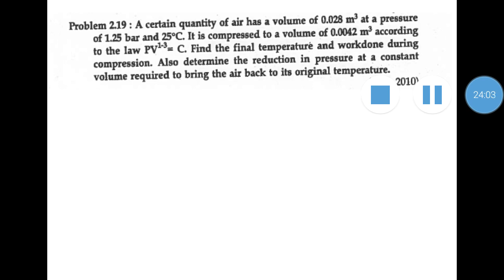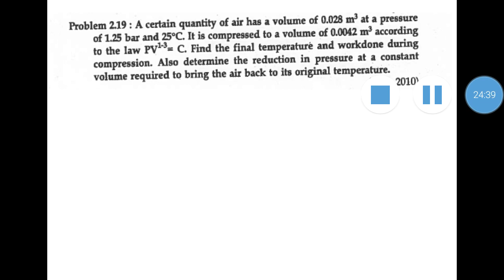It is compressed to a volume V2 of 0.0042 meter cube according to the polytropic law PV raised to n, that is PV raised to 1.3 is equal to constant. Then we have to find the final temperature, that is T2, and the work done W during that compression, and also we have to find the reduction in pressure P3 when that polytropic process is followed by constant volume cooling required to bring the air back to the original temperature.